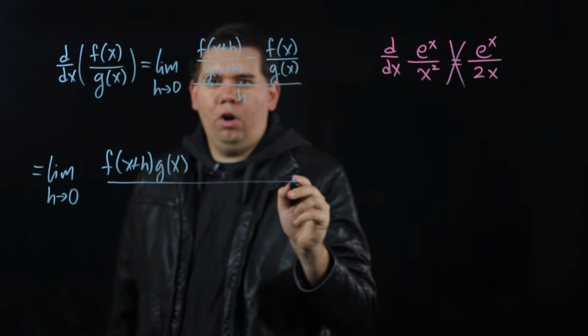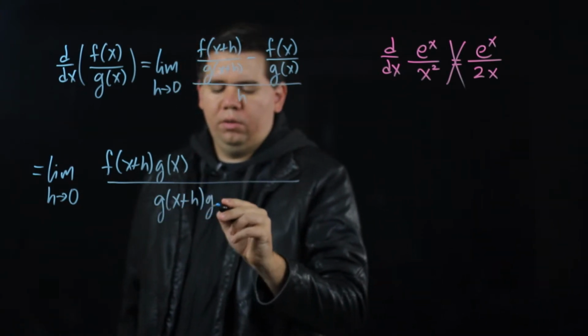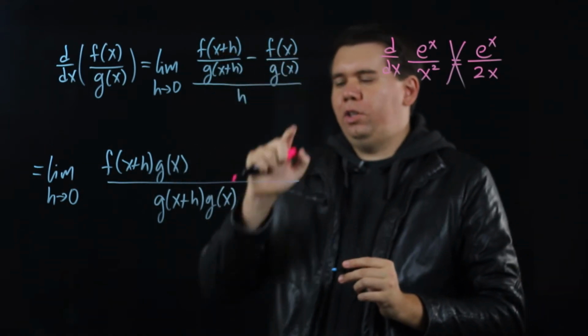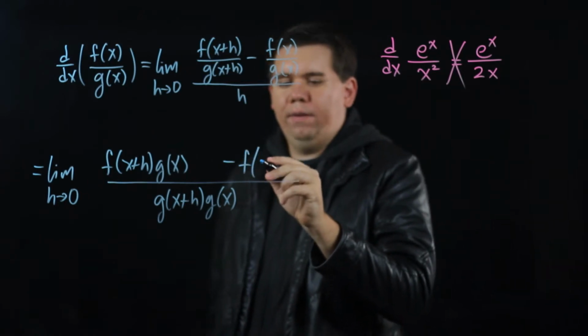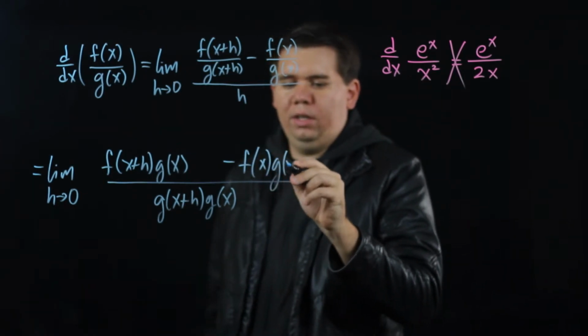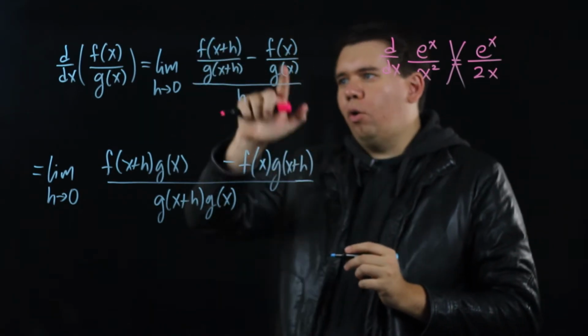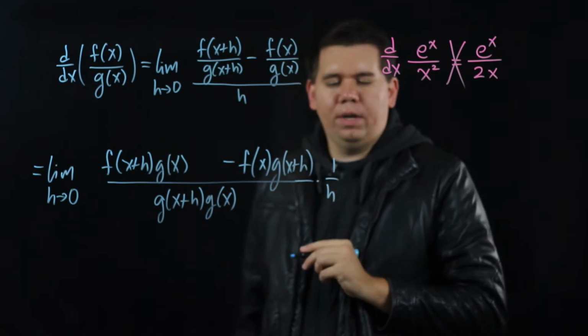This is going to be all over the product of g of x plus h with g of x. And then the second piece is missing the g of x plus h. So it's going to be minus an f of x times a g of x plus h. And we're still dividing the whole thing by h. So let me just write that as times 1 over h.